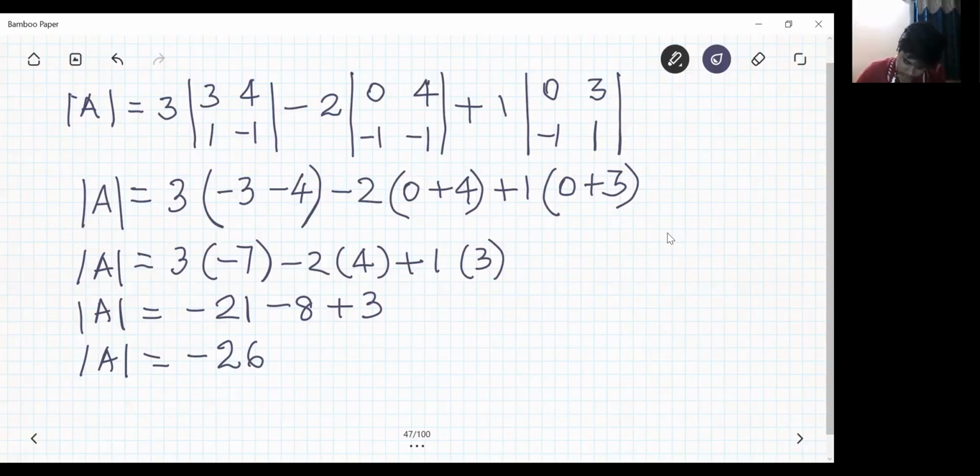Then you write matrix A as 3 2 1, 0 3 4, minus 1 1 minus 1. First you have to write the formula.